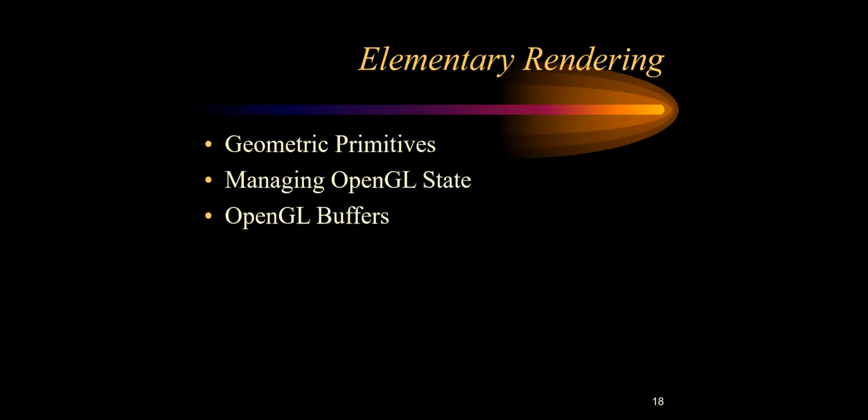It can be a circle, a rectangle, a square, anything. Then you have to manage your OpenGL state, whether it is active, global, or any state you want to manage. Then you have to start with the buffering things.